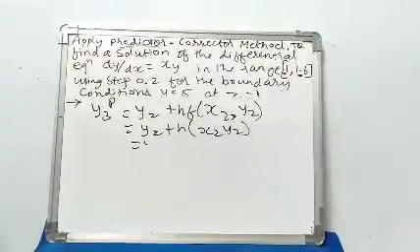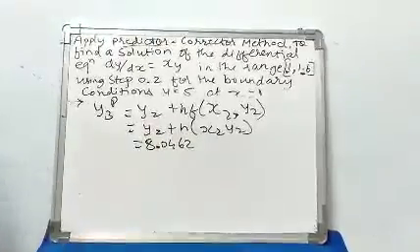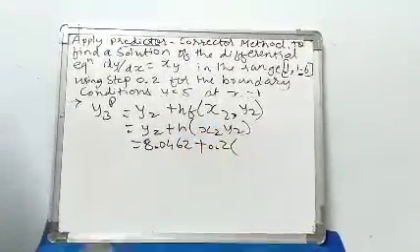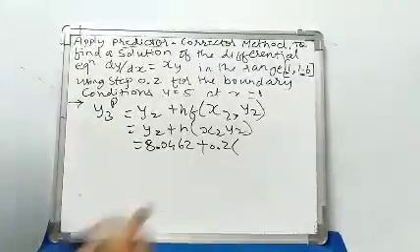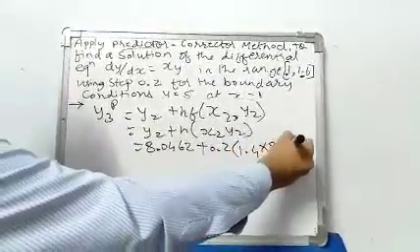We have the value of y2, that is 8.0462, plus 0.2 into 1.4 into 8.0462.